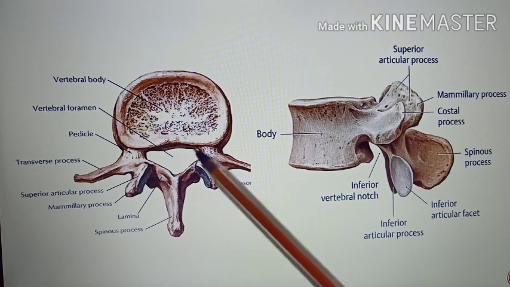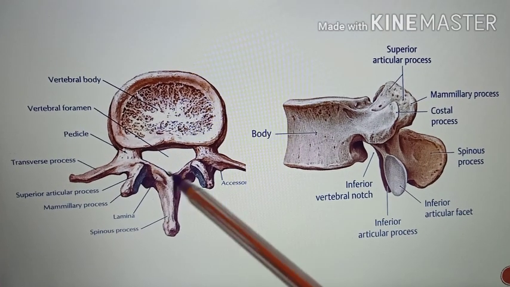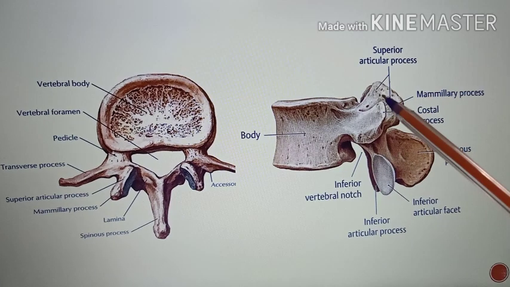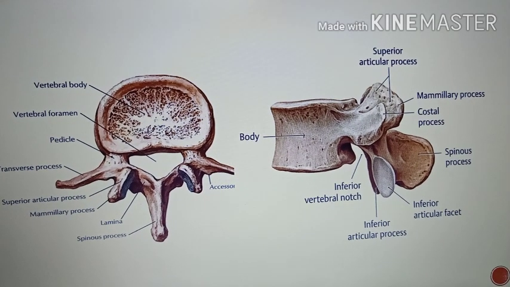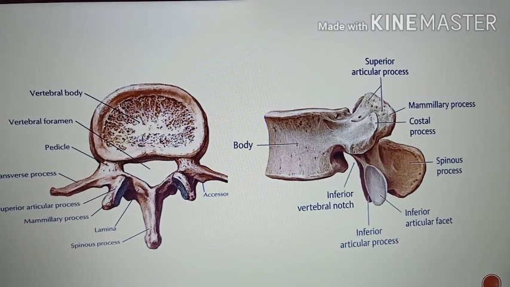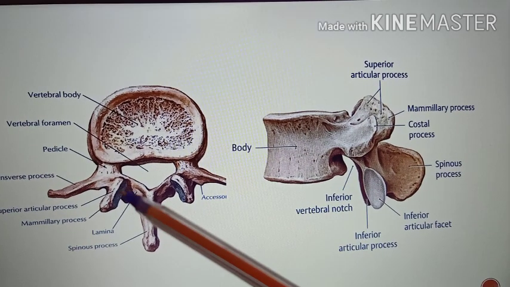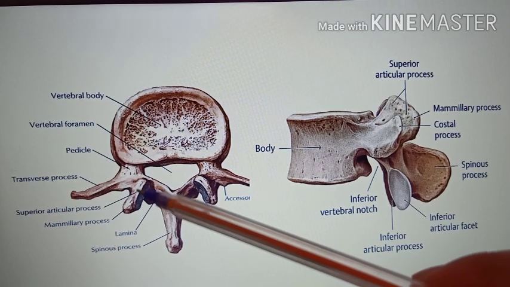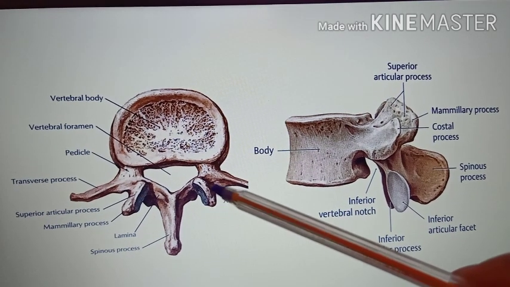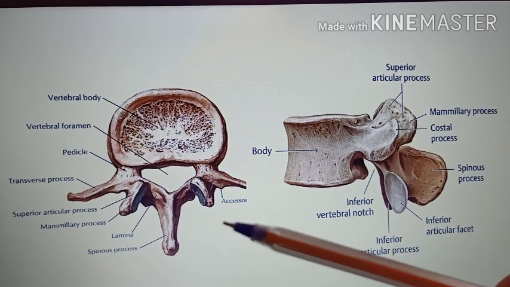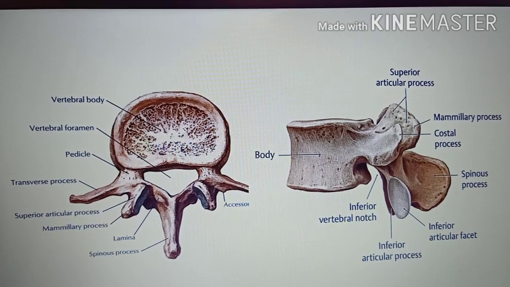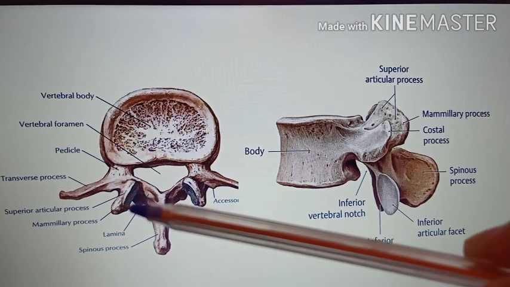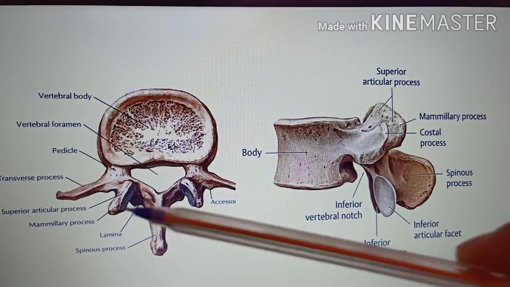Now coming to the superior articular process. These are the superior articular processes, present over here. The facet of the superior articular process is concave in shape, and it faces backwards and medially. The posterior border is marked by a roughened elevation called the mammillary process.